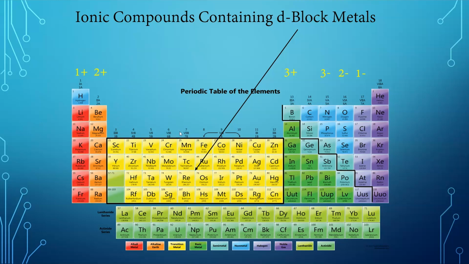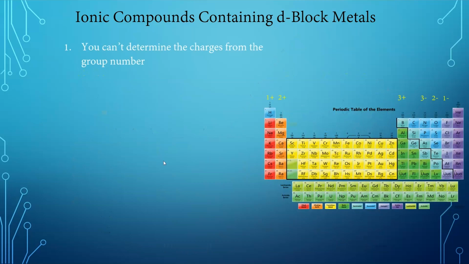They do have group numbers, but I can tell you right now those group numbers aren't going to be very helpful. We can't actually predict what the charges are going to be for elements in the D block. I refer to the S and the P block elements as the well-behaved elements because they tend to follow the rules. That's not, unfortunately, the case in the D block. We have 2 problems in the D block. One, like I just said, is the group number doesn't really tell you anything about the charge.